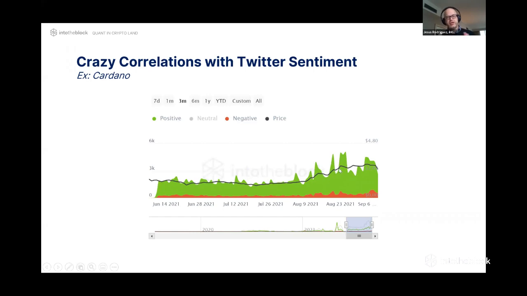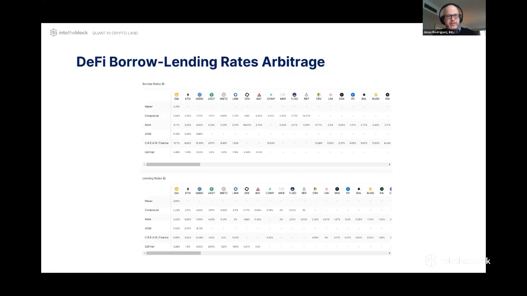Twitter sentiment is not a predictor of anything when it comes to trading, but in the case of Cardano, this example shows that the sentiment and the price are moving in tandem, which is insane. But that gives you an idea of how dependent crypto markets are on specific social media trends.